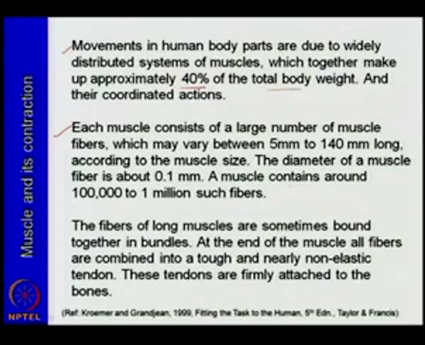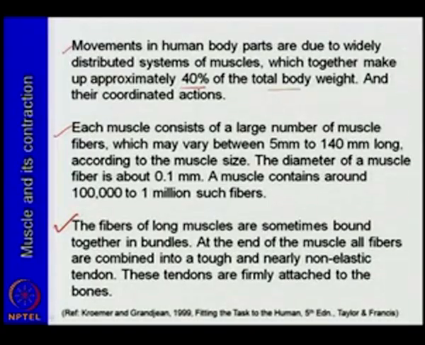A muscle contains around 100,000 to 1 million such fibers. The fibers of long muscles are sometimes bound together in bundles.